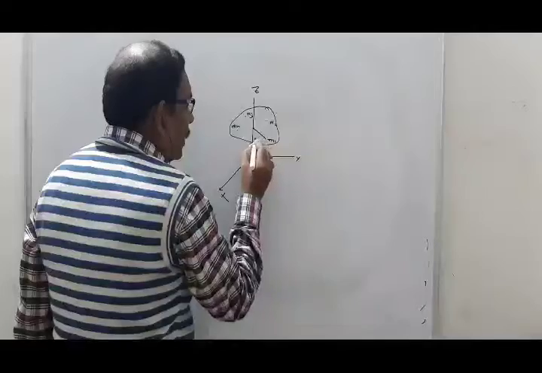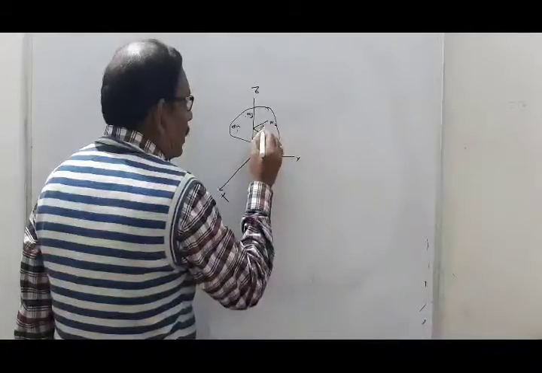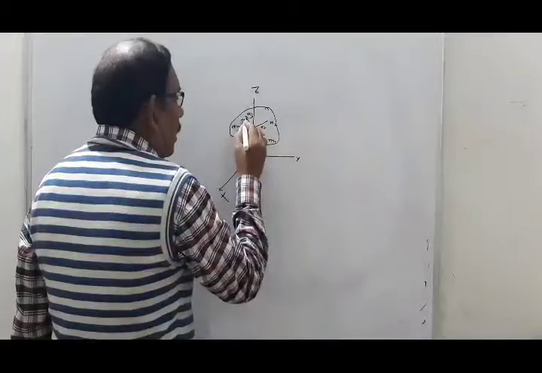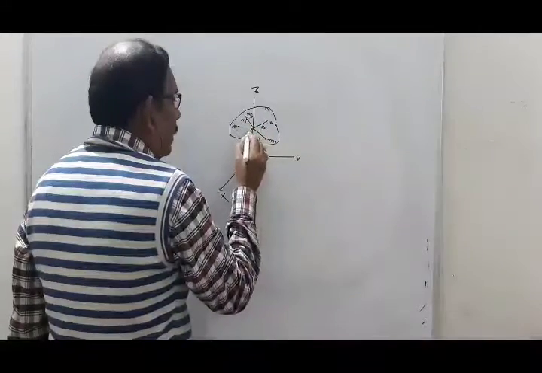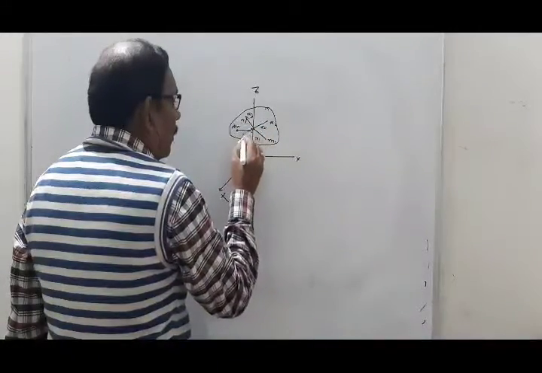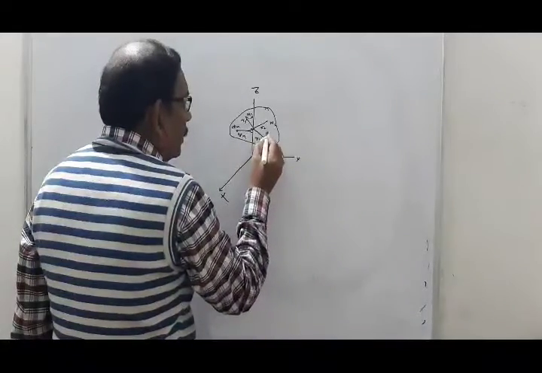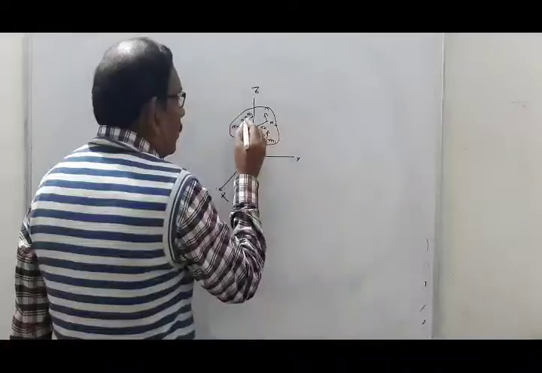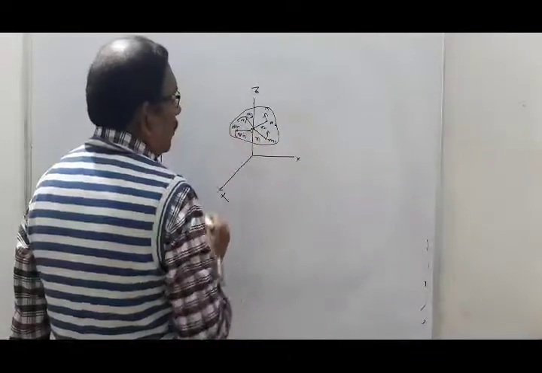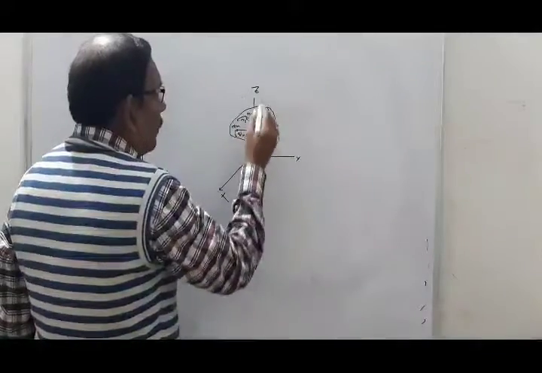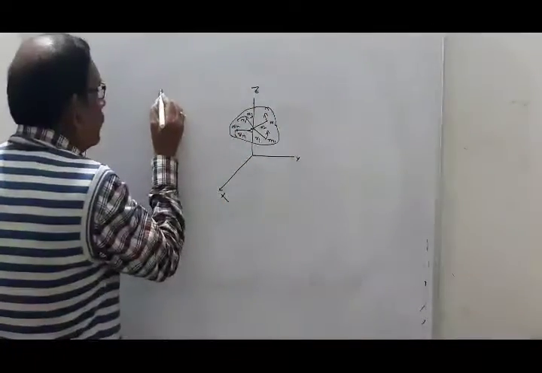The distances of the particles are r1, r2, r3 up to rn. The particles rotate about the point O about the axis Z.